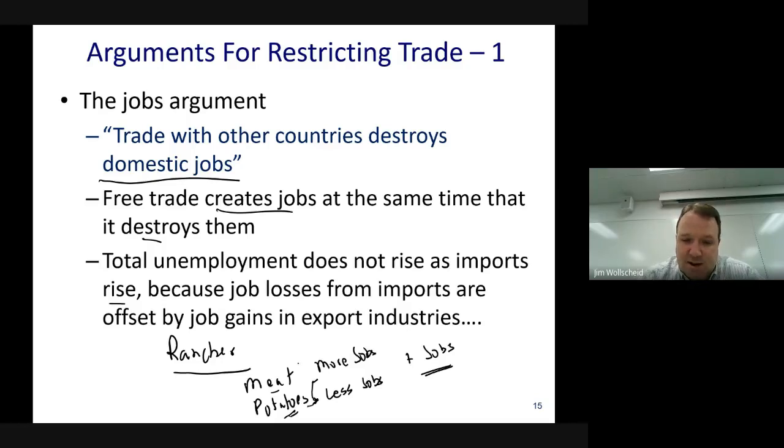And if I'm in the meat area, I'm probably all for free trade because it's going to create expansion in my area. So we can sometimes see if a politician is looking out for some people over the others, is that they're worried about maybe the potato industry and the meat industry is going to gain.